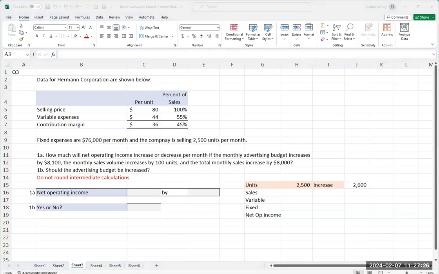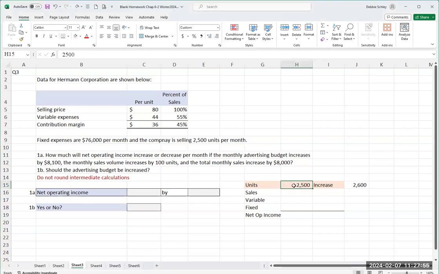Question 3. Data for the Harriman Corporation are shown below. They give me the selling price per unit, the variable expenses, contribution margin, and then the percent of sales, or my ratios. Fixed expenses are 76,000 per month, and the company is selling 2,500 units per month.